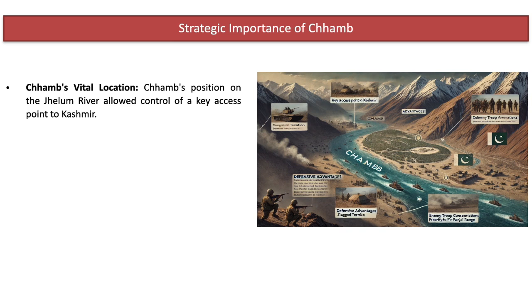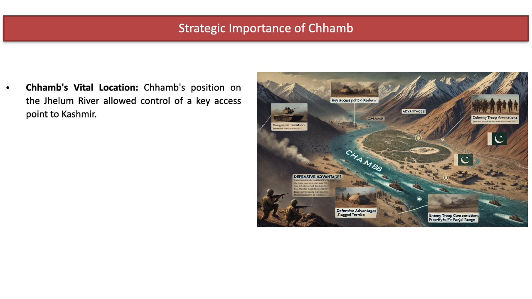Our soldiers knew that every position held, every inch of Chamb was crucial. The Jhelum River was not just a natural boundary, it was a strategic asset that needed to be defended at all cost. By holding Chamb, the Indian forces could ensure that they controlled the critical access route into Kashmir. And this control was essential for moving troops, reinforcing positions, and maintaining a steady flow of supplies.